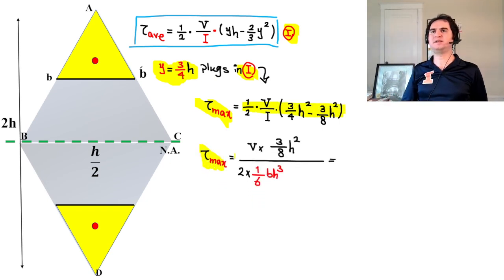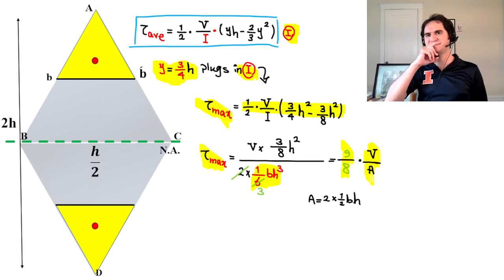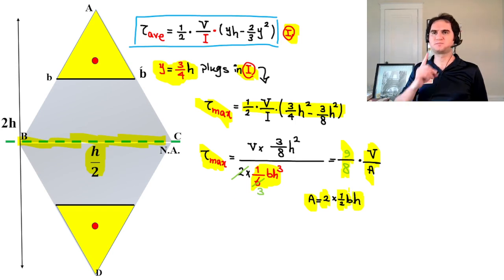If you simplify that, because it's just based on V, I, and h, and replace the I from the previous section, it gives you tau max is 9/8 V over A. And the area is 2 times a half of base times h, because we have two parts in the entire area, for example, our base is h over 2 times h.